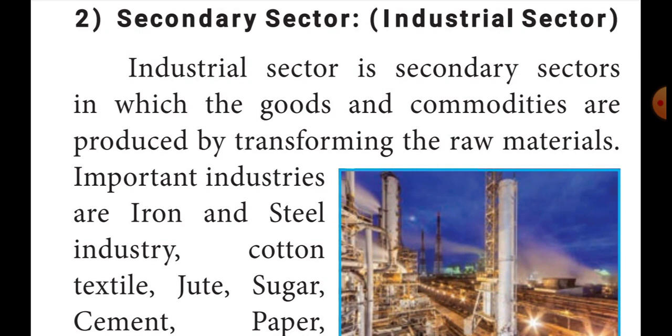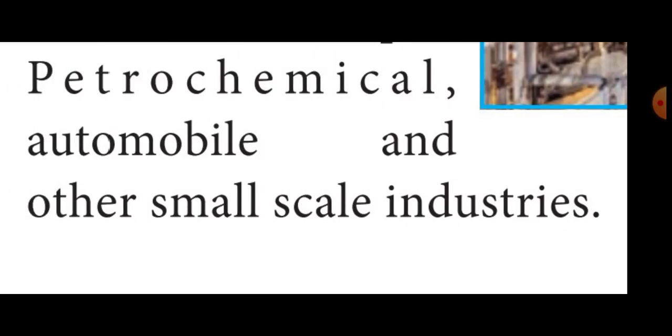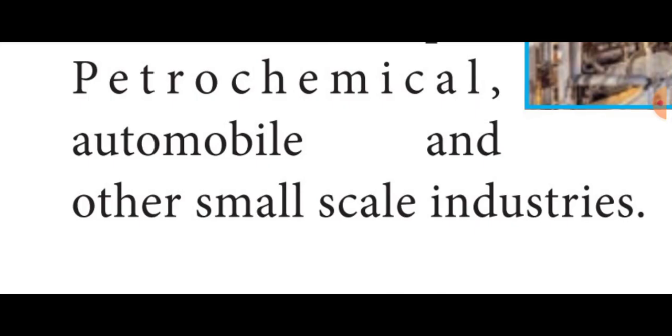That is secondary sector. The important examples of secondary sectors are the steel industry, cotton textile industry, jute industry, sugar industry, cement industry, paper industries, petrochemical, automobile, and other small scale industries.